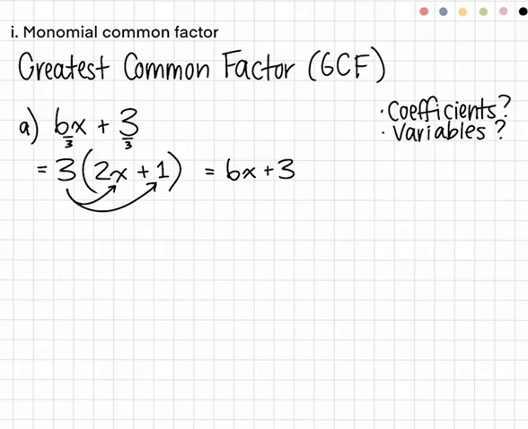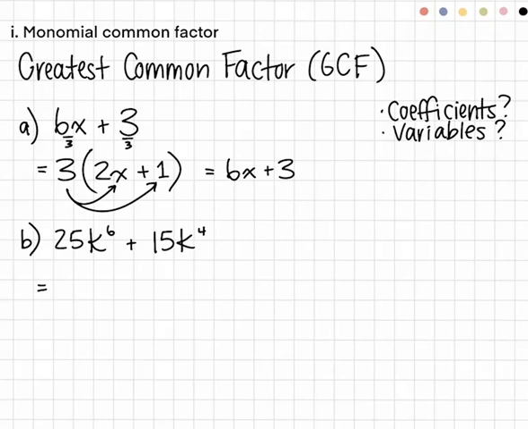All right, so let's try another one. Let's use one that's a little more tricky. Let's try this one: 25k to the power of 6 plus 15k to the power of 4.